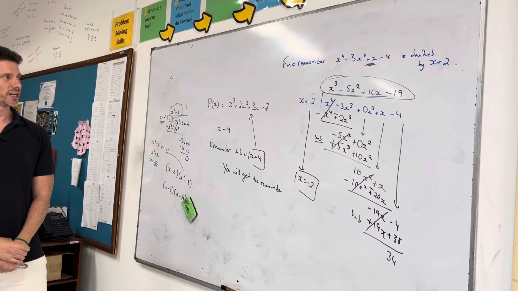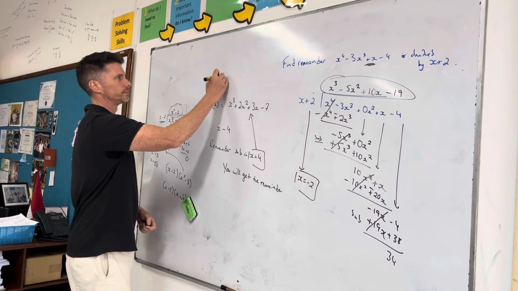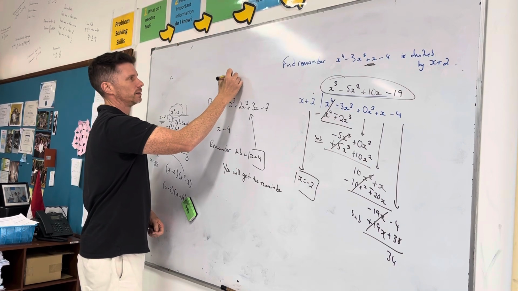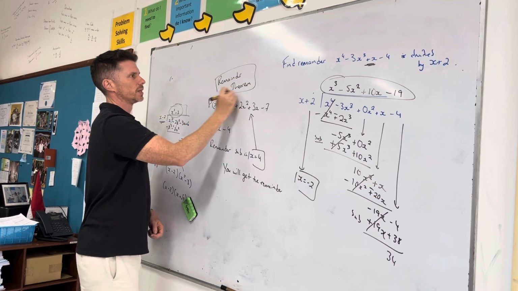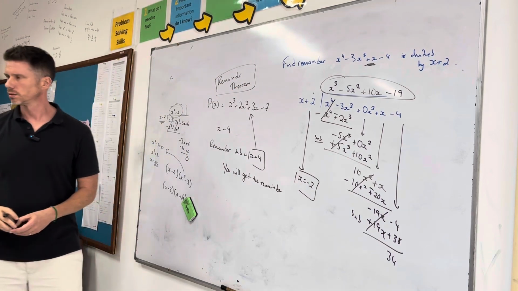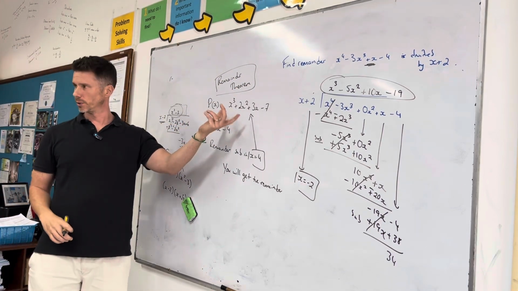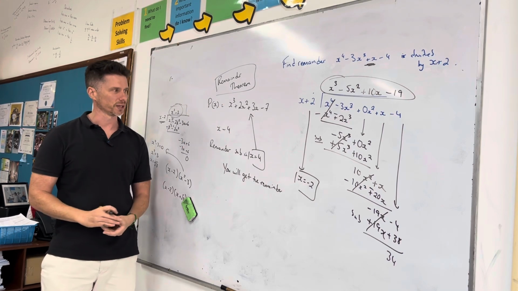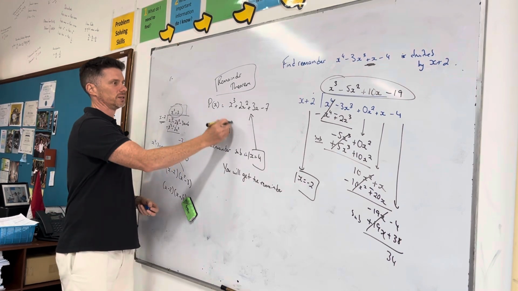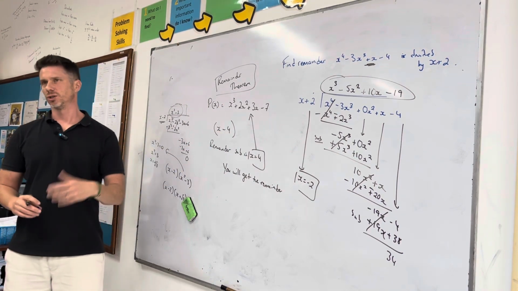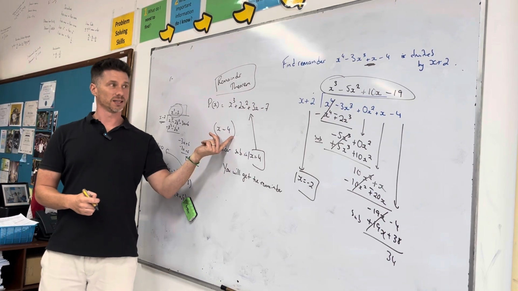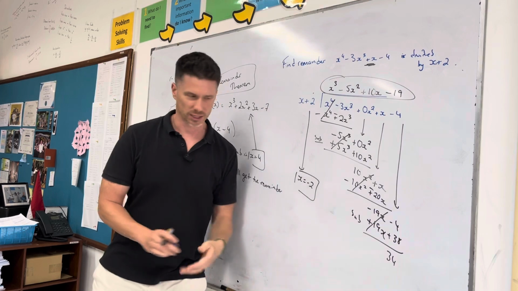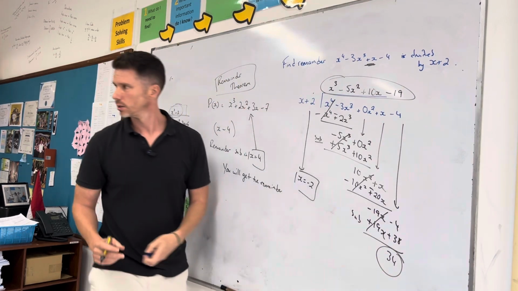Okay, so that's the remainder theorem. This is what I kind of do. If you have a polynomial, some x cubed or x to the power 4 thing, and you want to divide it by something, but you just want to find the remainder, you don't want to do all of this work to get just this number.